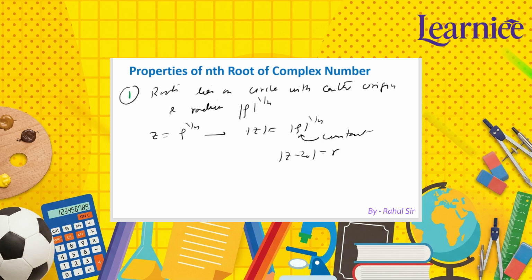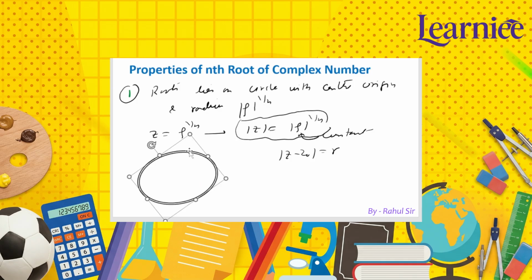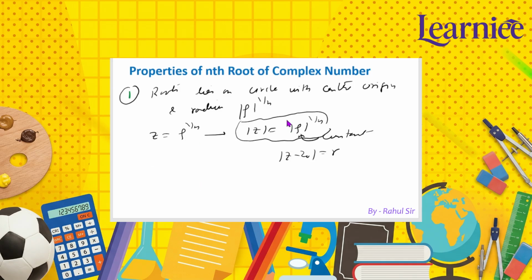So if we talk about this particular form, by taking the modulus we are able to know the locus of z. So it will be a circle with center as the origin.